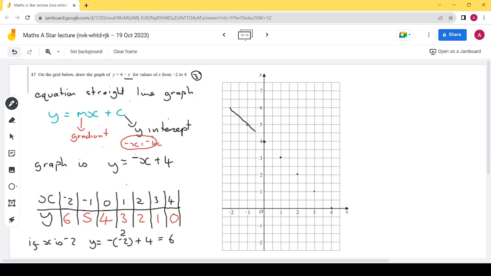Obviously, if you're drawing a graph yourself, you want to use a ruler because you don't want to draw as terribly as I've just done. I'm going to have one more go, but unfortunately, in my maths repertoire, drawing straight lines with rulers doesn't come into it. That's slightly better, but obviously if you were doing this in a paper exam, you'd use a ruler.